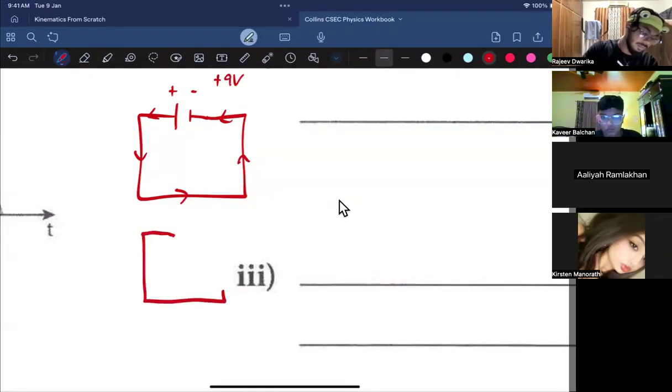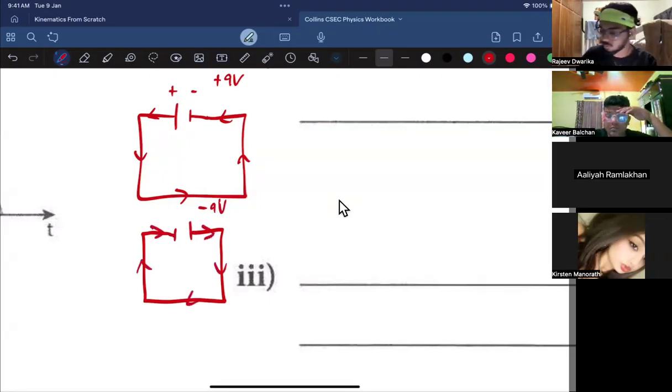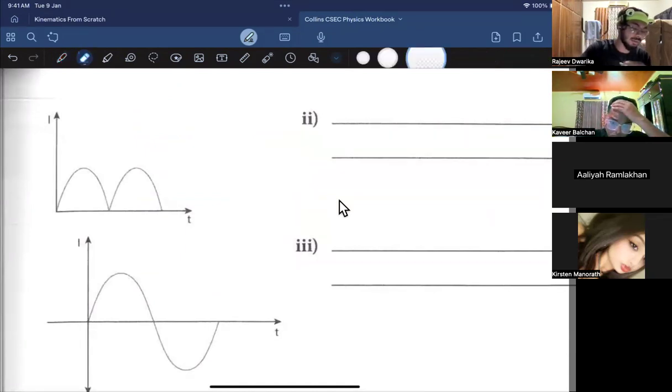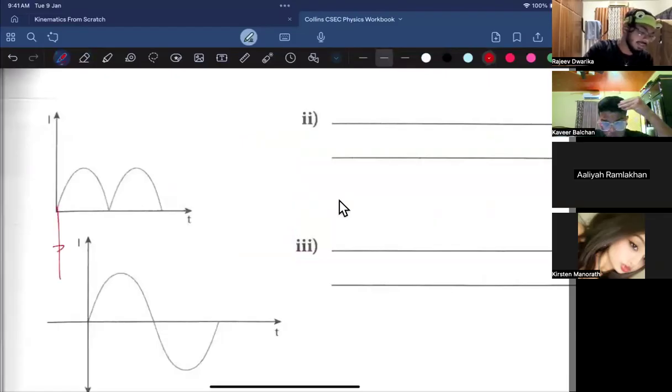Now, if I were to swap the battery, we could say it's negative 9 volts, and we could see that the direction of the current would change. Understand? So what this means is, current is a vector. If current is negative, that means it changed direction. Are you seeing the current dipping below the axis? No. So that's technically direct current, but it is rectified current.